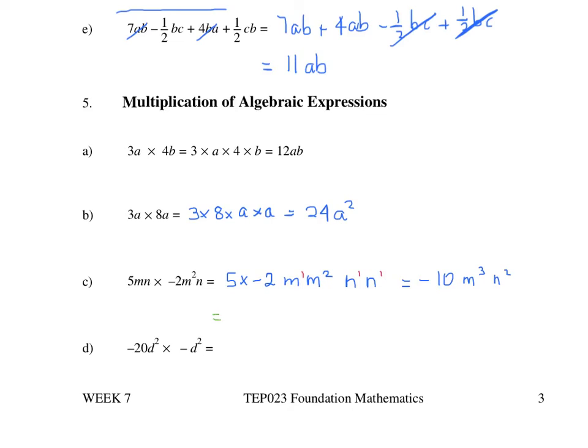We could have said it was negative 10 m to the power 1 plus 2, that 1 plus that 2, and n to the power 1 plus 1, that is that 1 plus that 1, to give exactly the same final answer, negative 10 m to the power 3 n to the power 2.